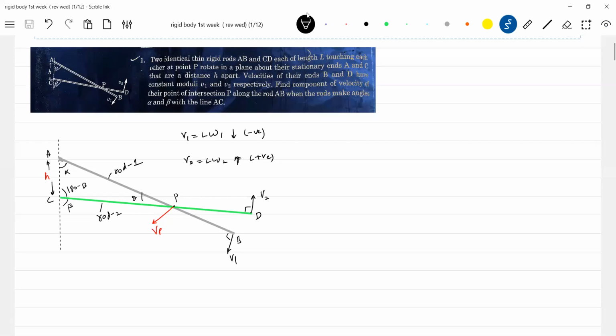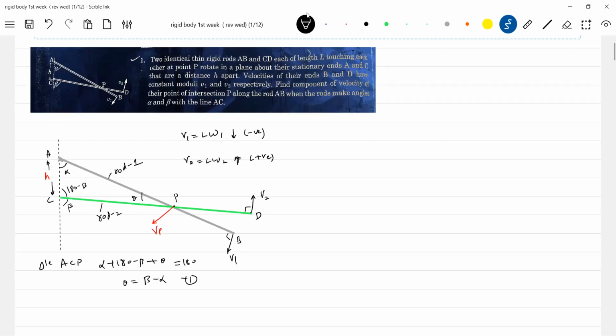In the triangle ACP, alpha plus 180 minus beta plus theta should be equal to 180, or theta equal to beta minus alpha. This is equation 1.